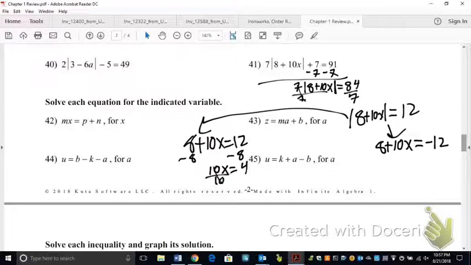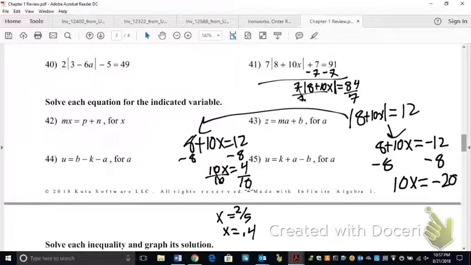We're going to divide both sides by 10, and we get x equals 2/5, or 0.4. Either one of those is fine. We repeat the process, subtract 8, and we get 10x equals negative 20. Divide both sides by 10, and we get x equals negative 2.